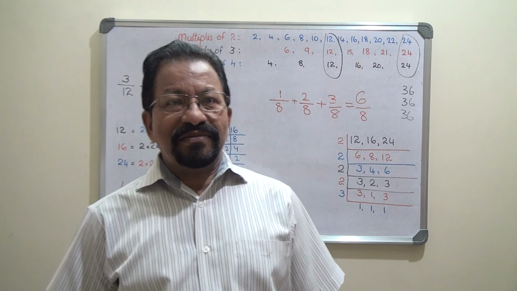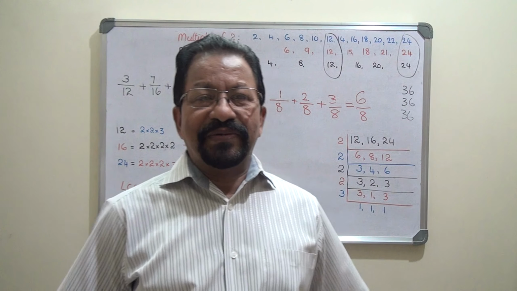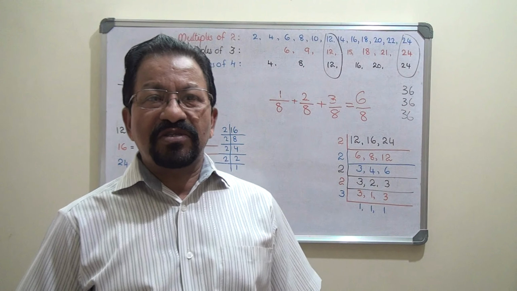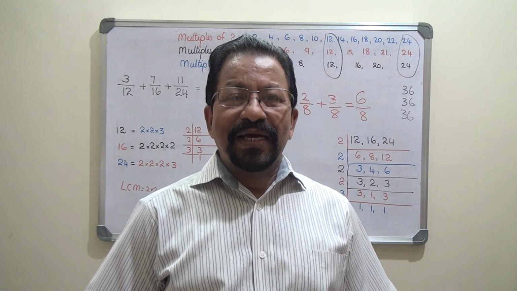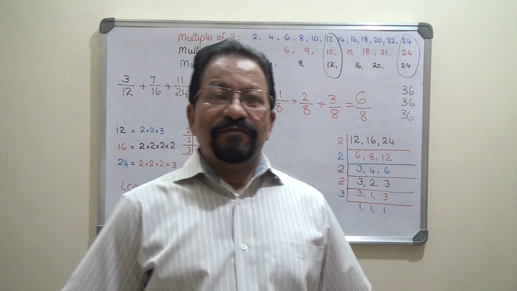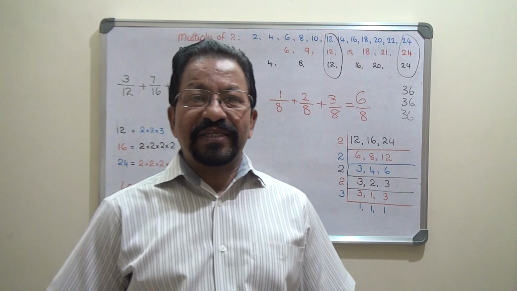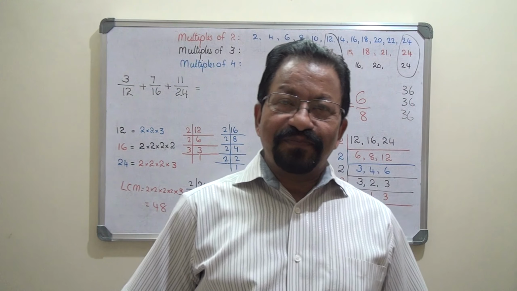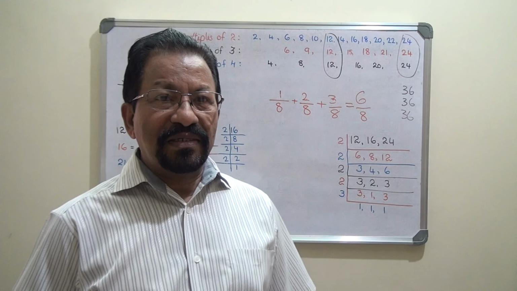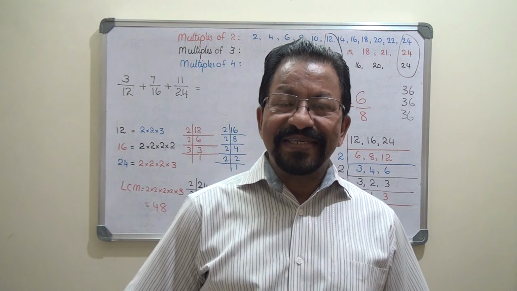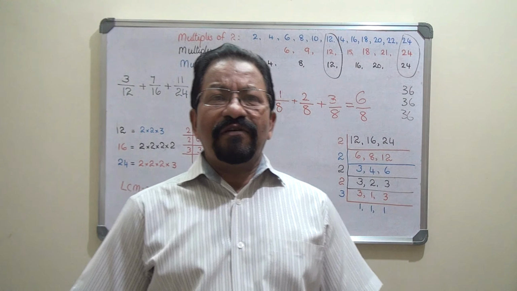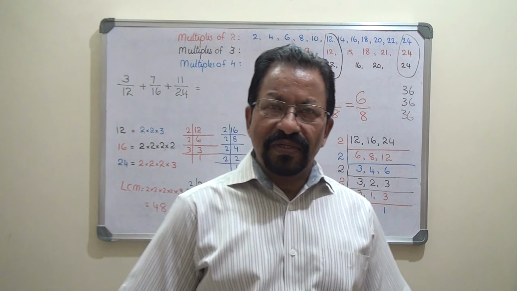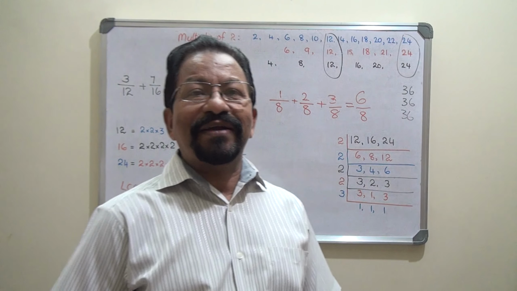In the last 3 videos we discussed in detail what maths is and what the 4 basic operations in mathematics are, and we were talking about the first operation, that is addition of whole numbers. All students know that, but our question was, how will you add fractions?